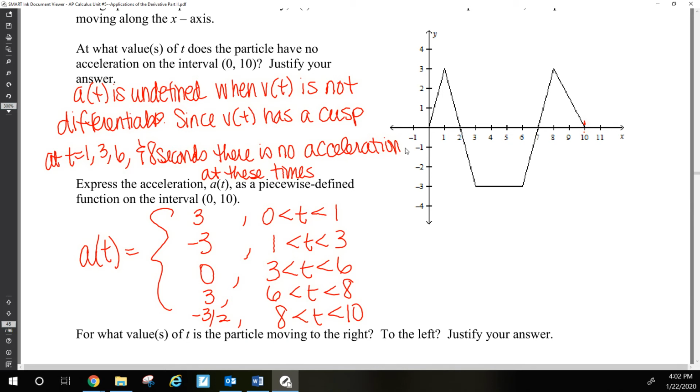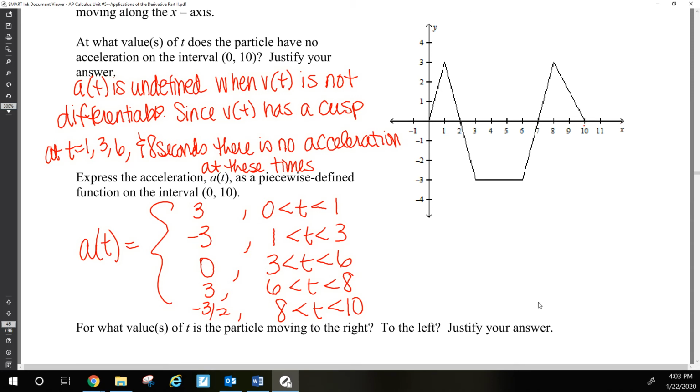All right, for what values of t is the particle moving to the right? Remember, our particle is moving to the right when the velocity is positive. When is our velocity positive? When we are above the x-axis on our graph here. So my velocity has a positive value between 0 and 2 and between 7 and 10.